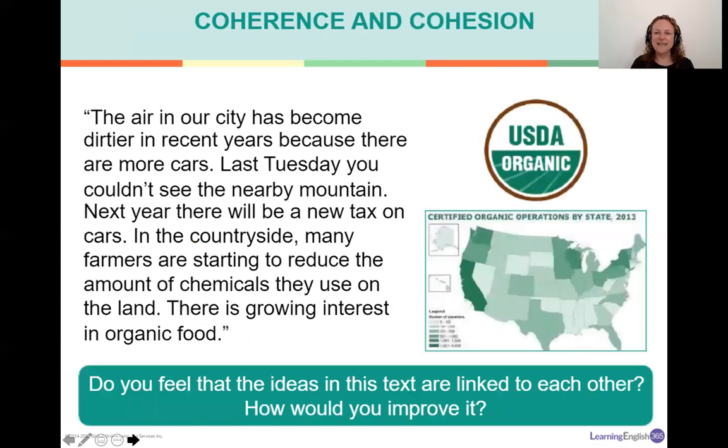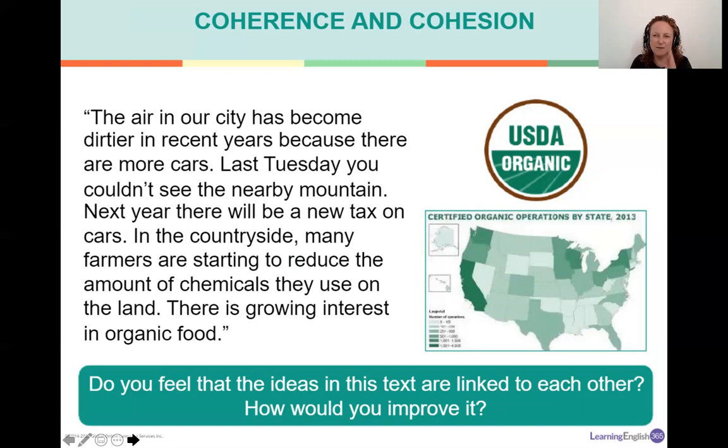So, coherence and cohesion then. This is about how your ideas flow together. Do you use clauses to link one idea to another? Are you taking your reader through that journey so that it's signposting for them where you are going next? This is what coherence and cohesion means.